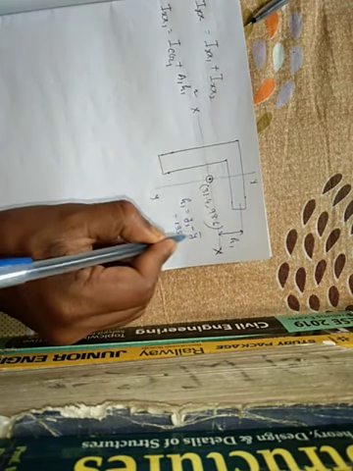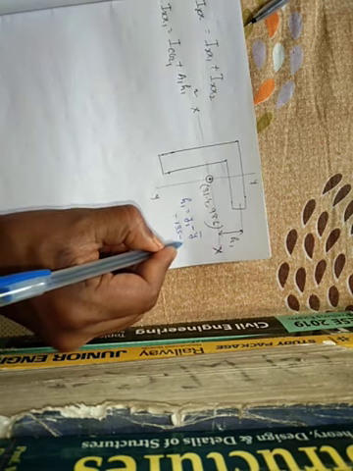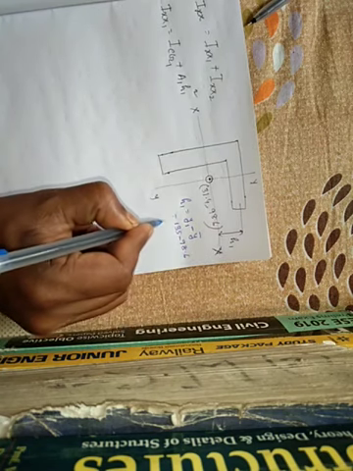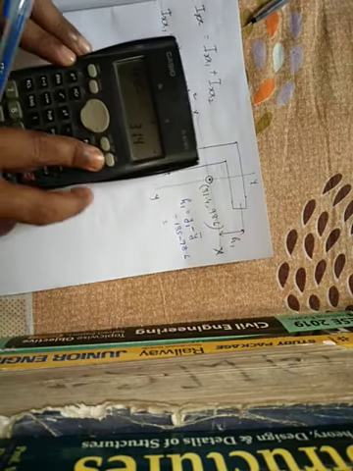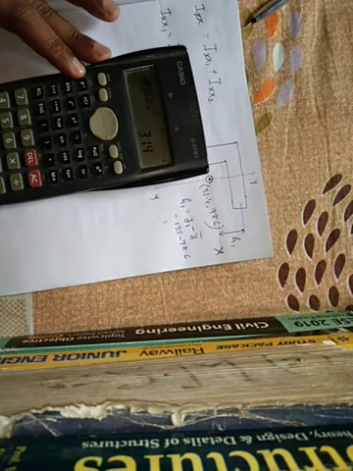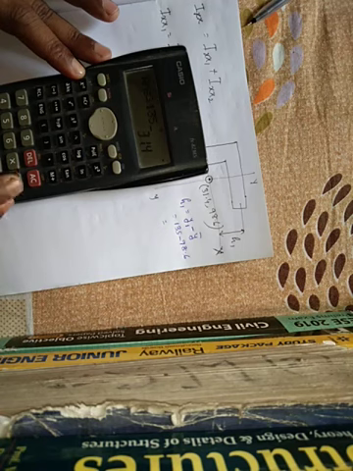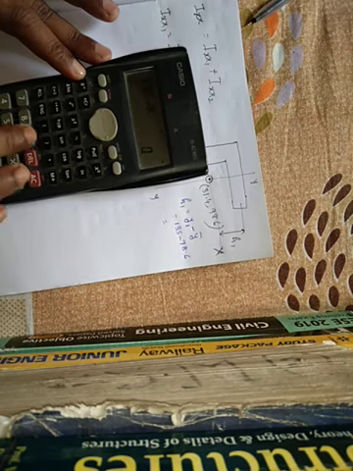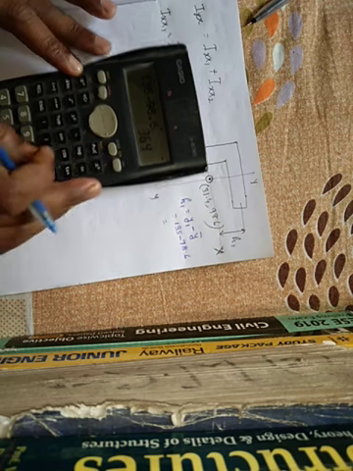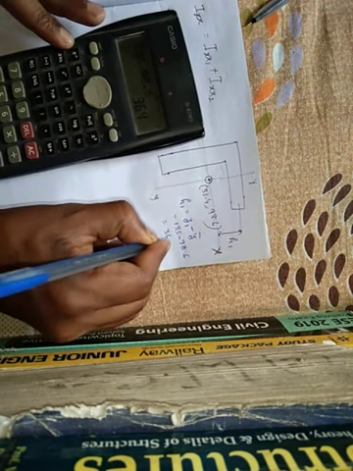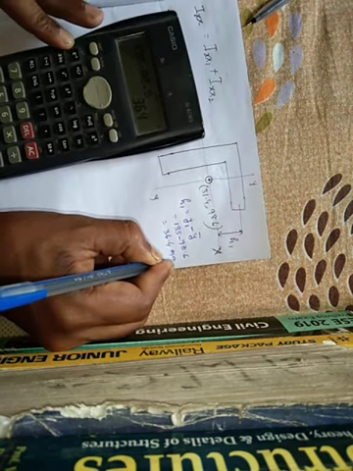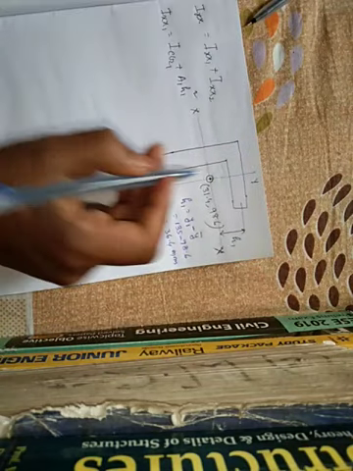So 135 minus y bar, 98.6, which is equal to 36.4 millimeter.